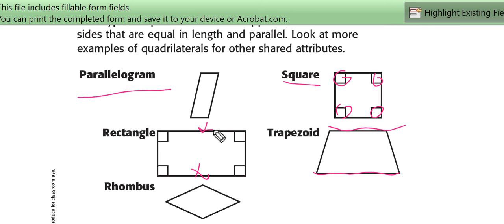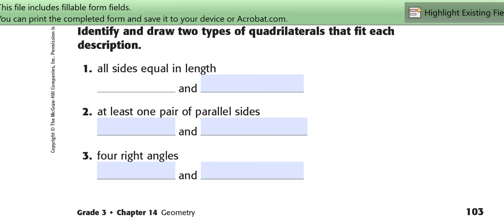A rectangle, opposite sides are the same length, and 4 right angles. And then this is a rhombus. Like a square, all 4 sides are the same length, but it does not have right angles. And then opposite sides are parallel, and that's a rhombus.